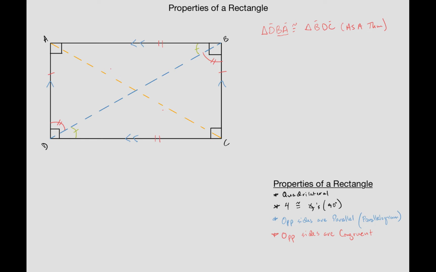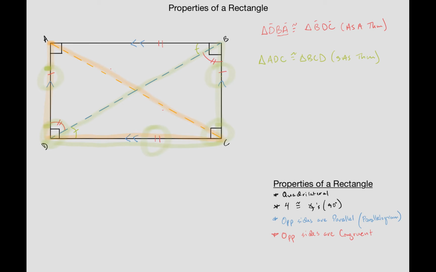If we look at this triangle here and compare it with this triangle here, we've got side, angle, side congruence. So triangle ADC must be congruent to triangle BCD. Again, that was the side angle side theorem.